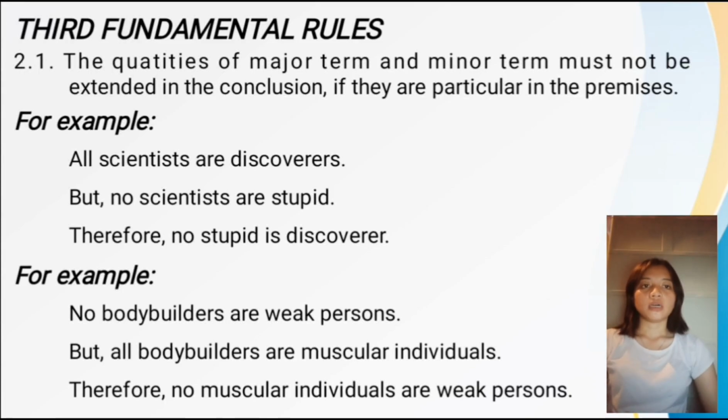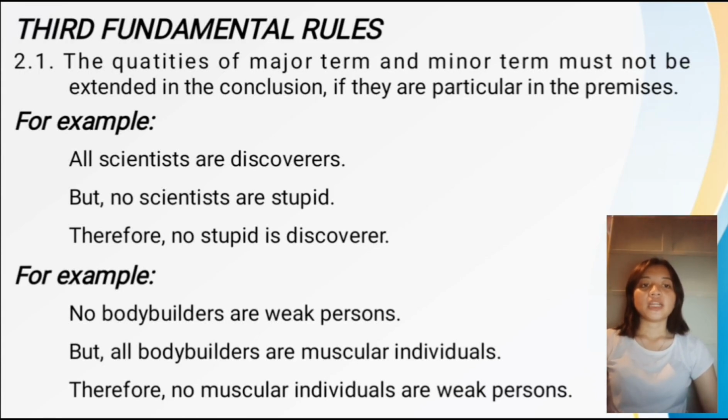So, according to the fallacies of quantity, there are rules that must be followed in a syllogism to ensure that the argument is valid. One of these rules is that the quantities of the major term and the minor term must not be extended in the conclusion if they are particular in the premises.